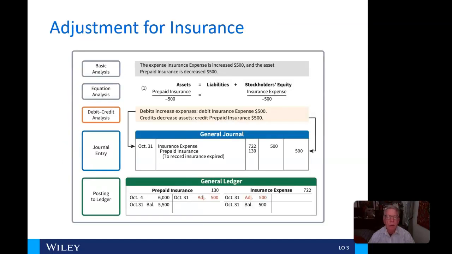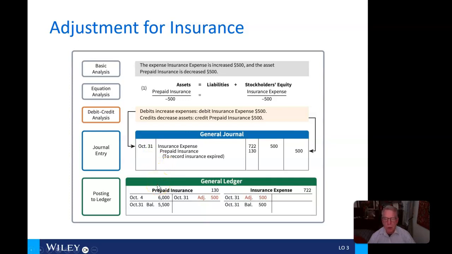Now, what we do is after 1 month, we're going to use up 1 month's worth of that prepaid insurance, in which event we are going to debit insurance expense here for $500 and credit prepaid insurance here for $500.